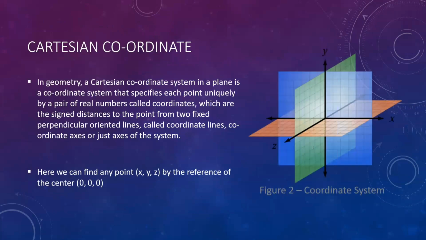Now we come to the third topic, named Cartesian coordinate. In geometry, a Cartesian coordinate system in a plane is a coordinate system that specifies each point uniquely by a pair of real numbers called coordinates, which are the assigned distances to the point from two fixed perpendicular oriented lines, called coordinate lines, coordinate axes or just axes of the system.